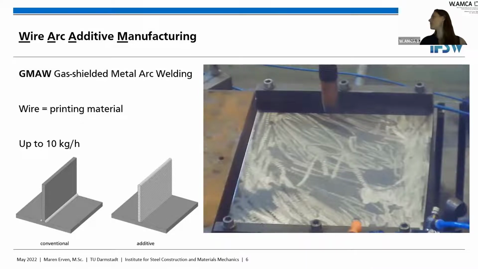When we use the arc for energy input, it melts, like welding, and we can print in 3D. With multi-wire feeding systems, we can print up to 10 kilograms an hour. I am currently at 2.8 kilograms an hour, so not that fast, but maybe we can take more. So how does the process work?